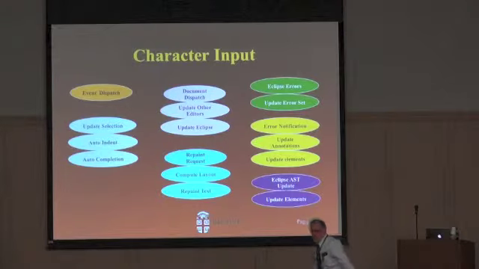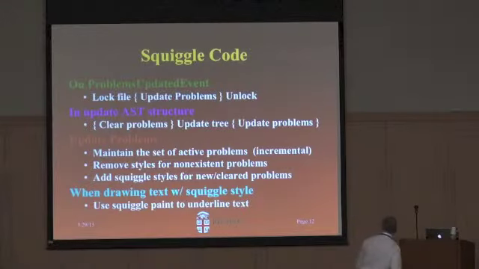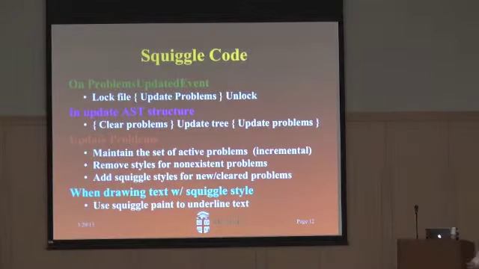Now the actual code for squiggle is very simple. There are two triggers for it. One, if you get a problem update, then you lock the file, important. You call update problems, you unlock the file. When you update the AST structure so that things might have changed, elements might have been rearranged, you clear all the problems that were there, clear all the squiggles, update the tree, and then based on the set of problems, update all the squiggles. The actual code for update problems is about 30 lines of code.